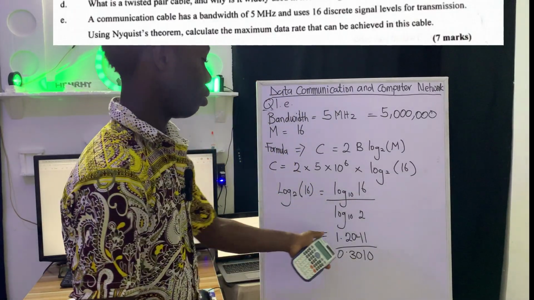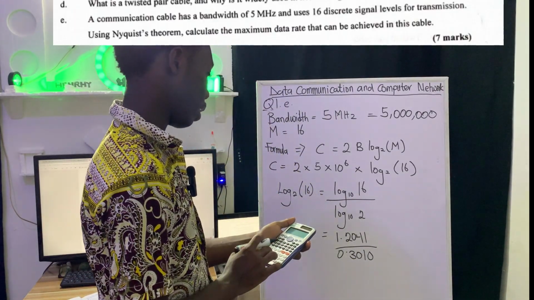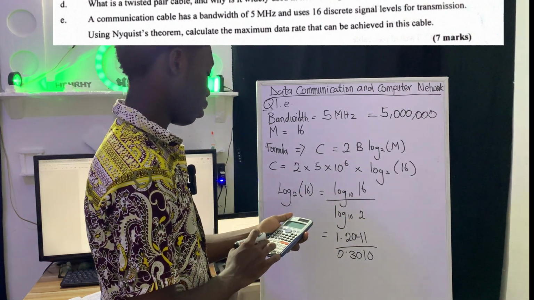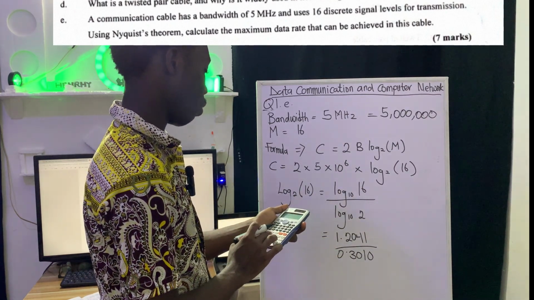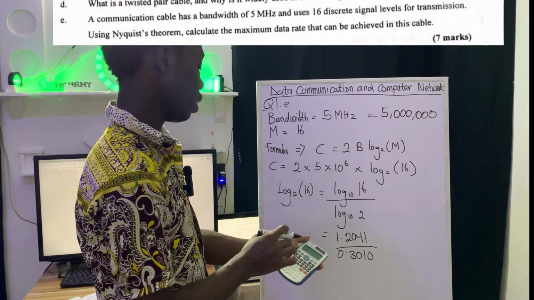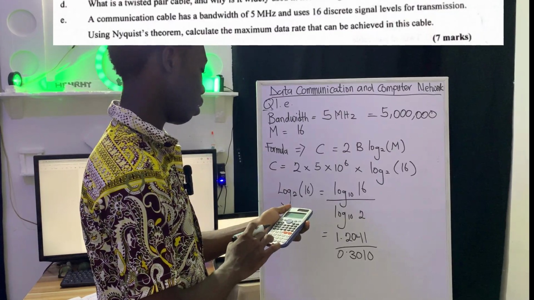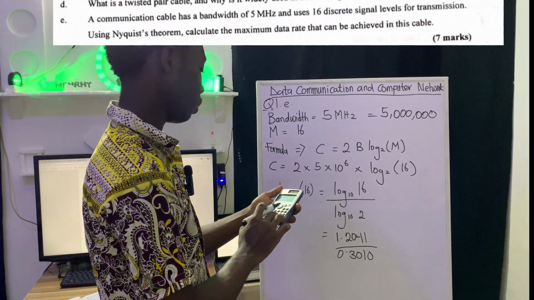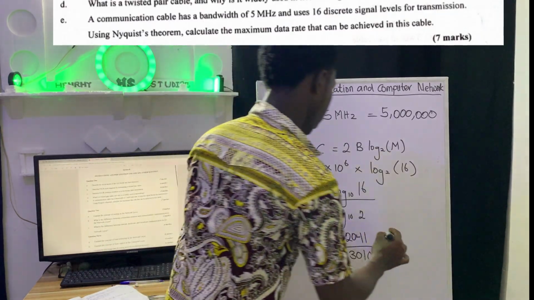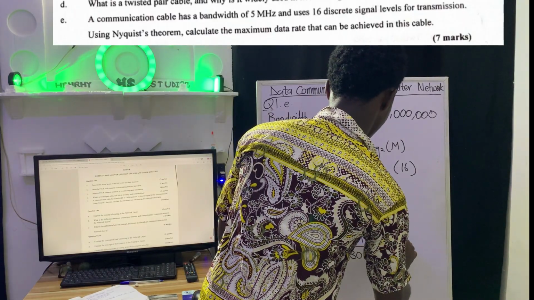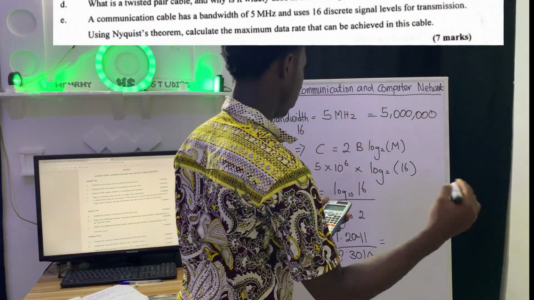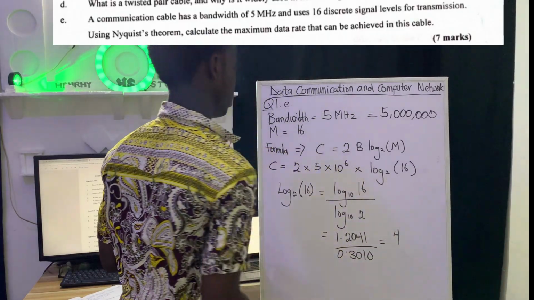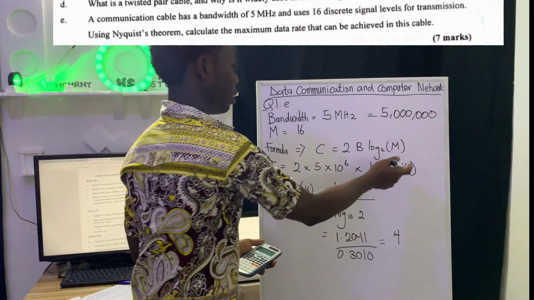After this, you divide: on top you have 1.2041, and the denominator is 0.3010. You are going to get 4.000, so let's just make it 4.